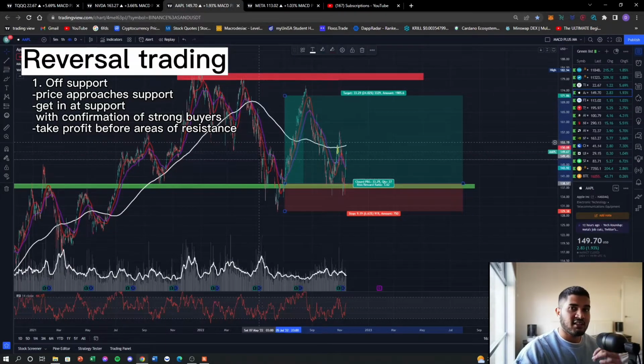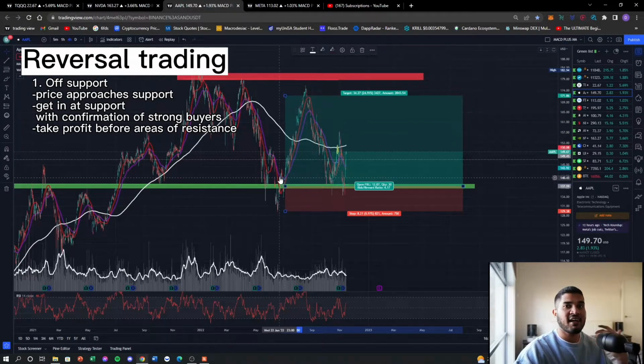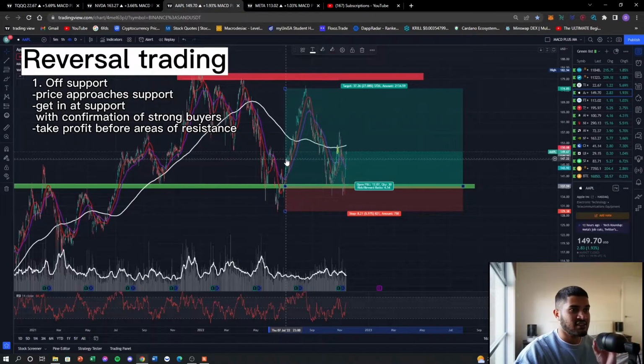It is primarily in a downtrend, so we are taking a trade against that trend. We know that it is reaching that area of support, so we get in once we have confirmation that the buyers are back in control, and we get out before that area of resistance. It is as simple as that.